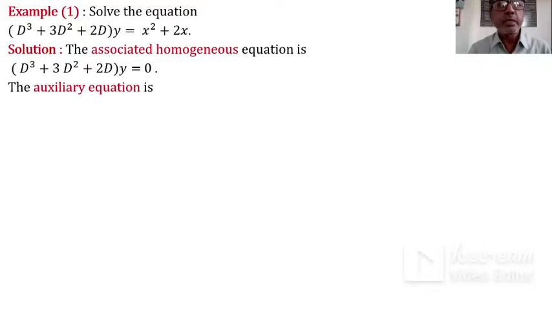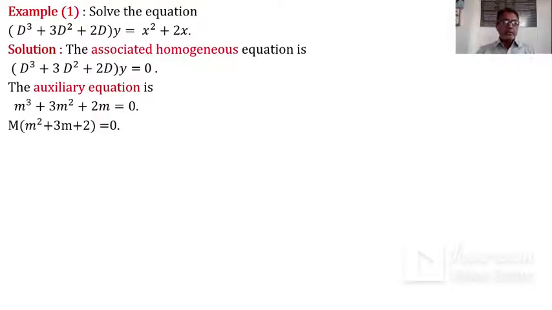From this take m common. In the second bracket we get m square plus 3m plus 2 is equal to 0, and the factors of this are (m plus 1)(m plus 2). So m into (m plus 1)(m plus 2) is equal to 0. Therefore, m is equal to 0, minus 1, minus 2.